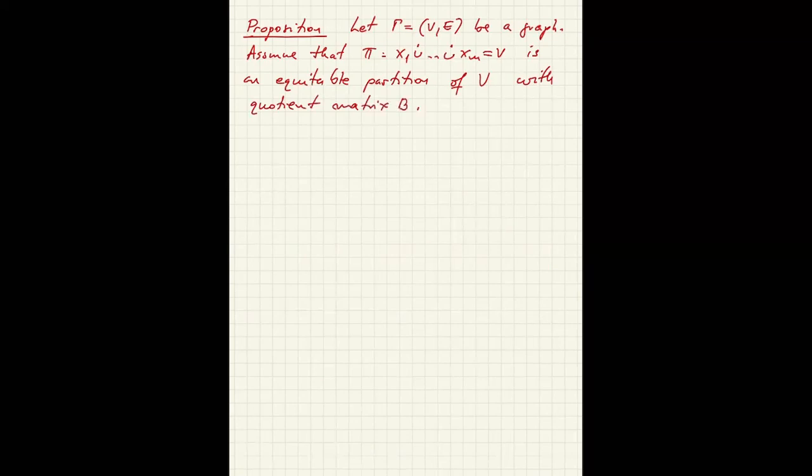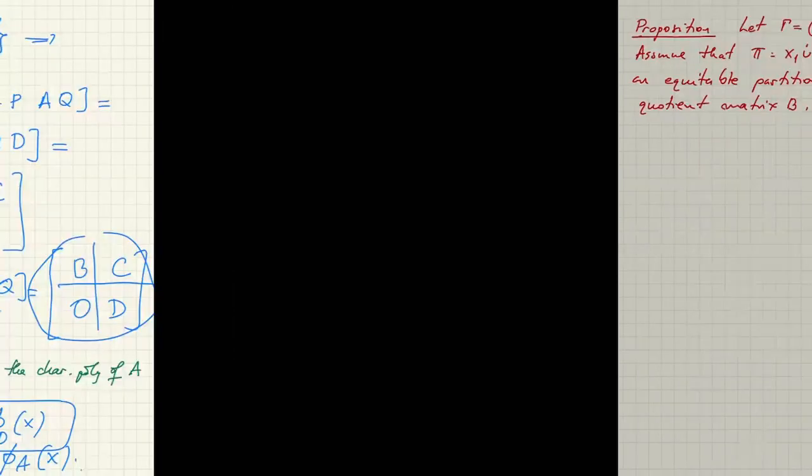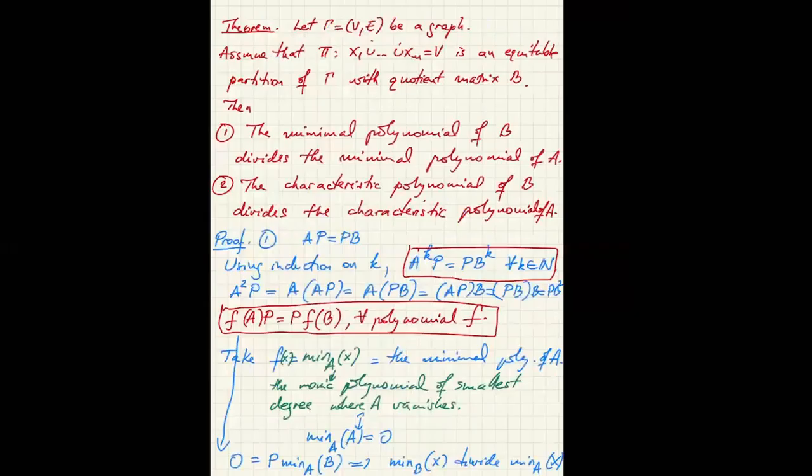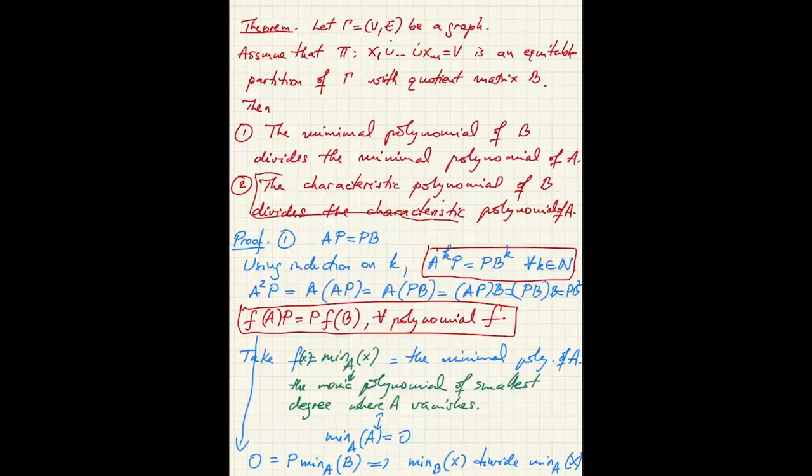From the previous part, here's where I'm trying to get. From this second result, we have that the characteristic polynomial of B divides the characteristic polynomial of A. So the matrix B is M by M. From here, we will know M eigenvalues of A, because they're eigenvalues of B. So the question is, what can we say about the others?